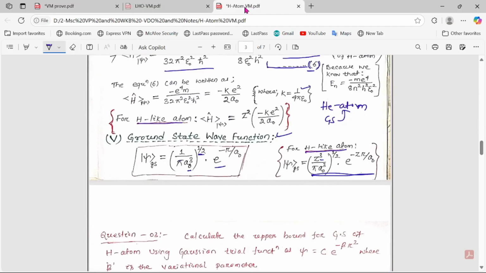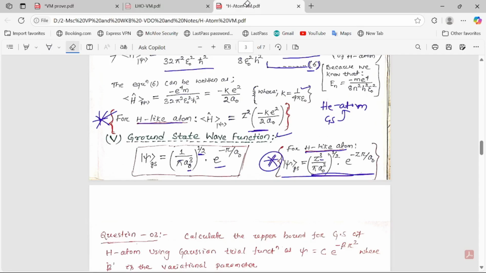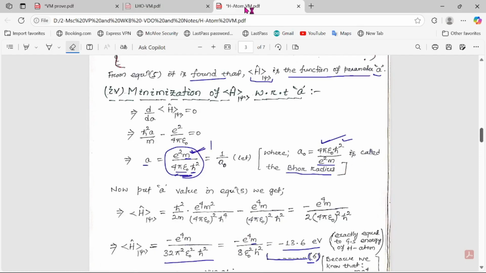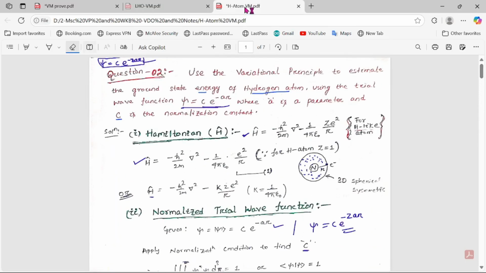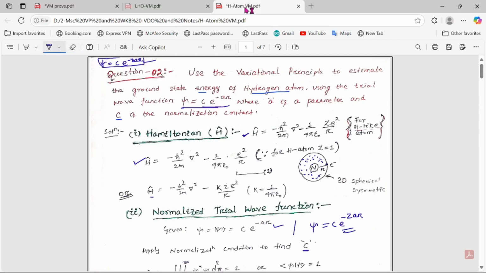I suggest that you remember these two expressions. They are required whenever we solve for hydrogen like atoms, or discuss the ground state energy of the helium atom. So this is all about estimating the ground state energy of the hydrogen atom for this particular question by considering this trial wave function.